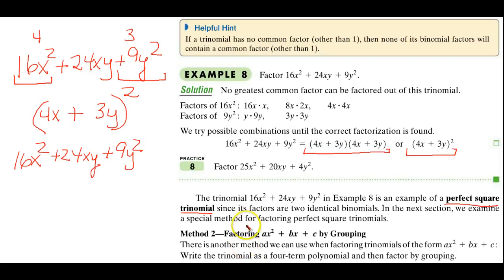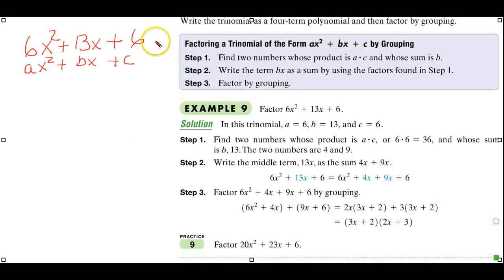Now, our book mentions another method of factoring, which is often called the AC method, that we're going to illustrate now as method 2, another method for factoring. In some books that's how it's called, where we take our A term and multiply it by our C term.